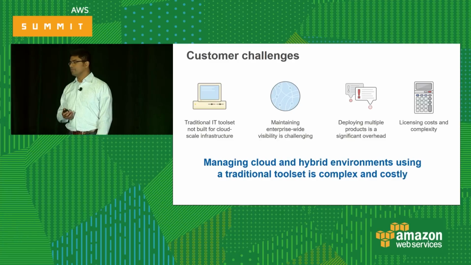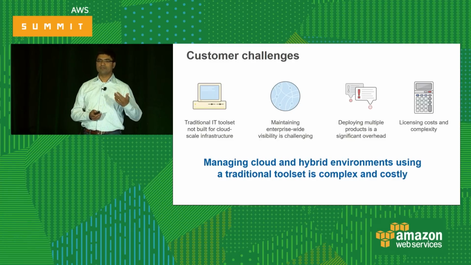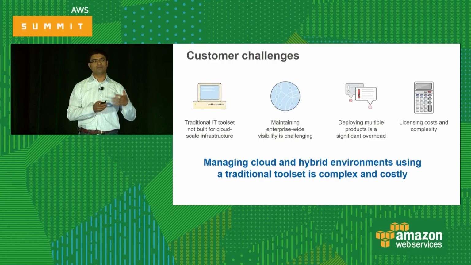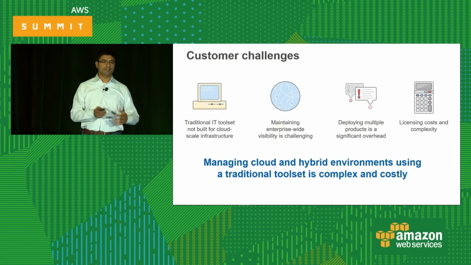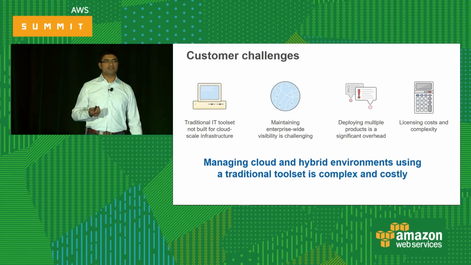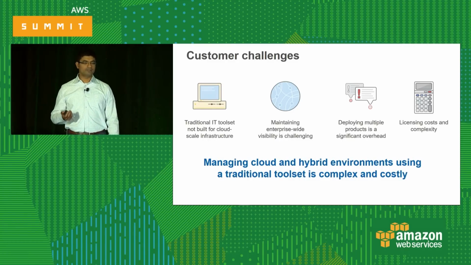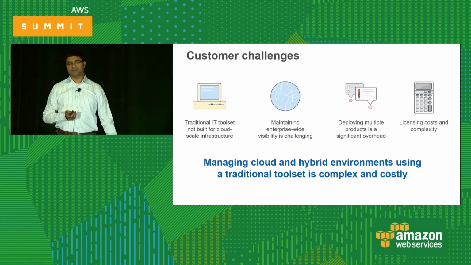And finally, many of these on-premises tools have licensing costs, and you kind of have to buy managed servers. And that can quickly become difficult when you try to manage servers that don't exist for very long periods of time, ephemeral servers. So in summary, customers have shared with us that managing cloud and hybrid environments using traditional toolsets is complex and costly.